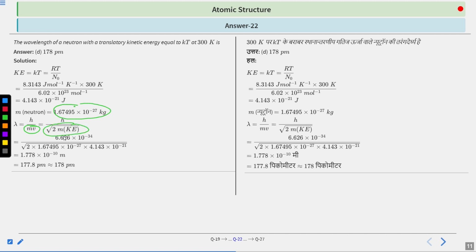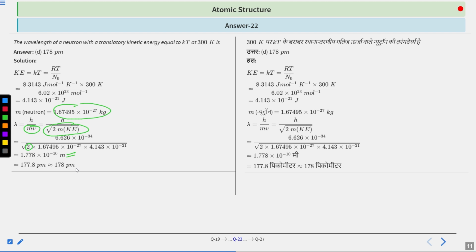Now putting in h, 2 times the mass of the neutron, 1.67 as already said, and the kinetic energy we have calculated, you will get 1.778 into 10 to the power minus 8 meter. Converting to picometer, you get 177.8 picometer, or approximately 178 picometer. So this is your correct answer.